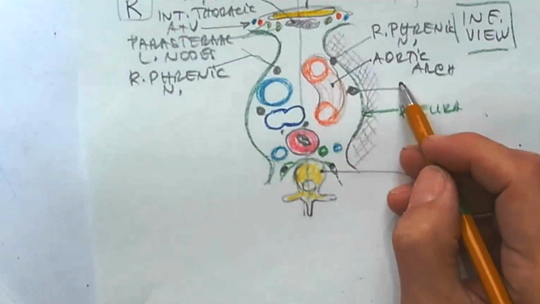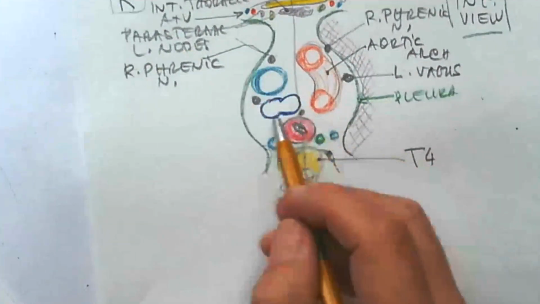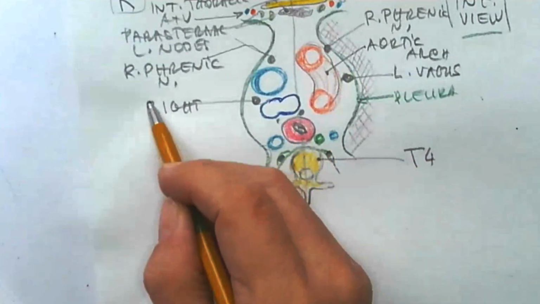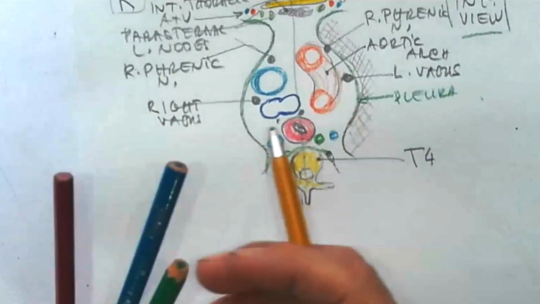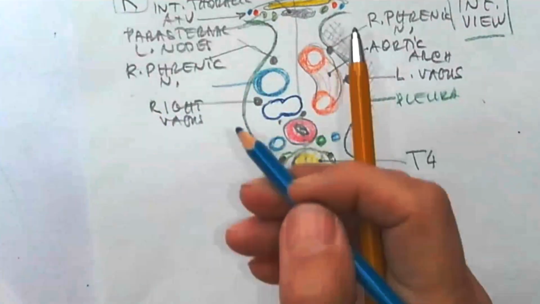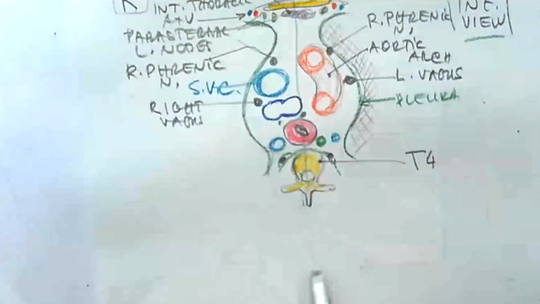Then the left vagus, then the right vagus. In front of that, the blue one is the superior vena cava.